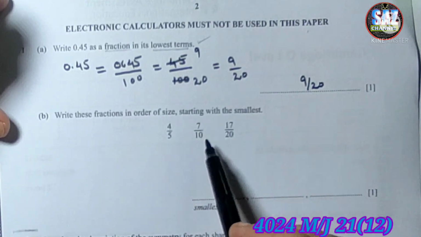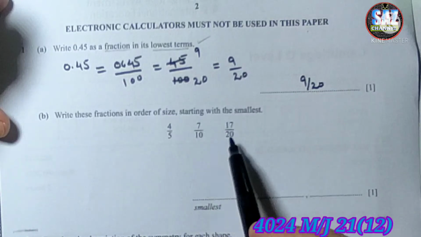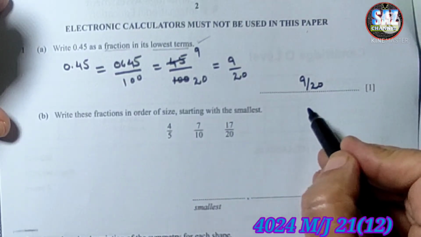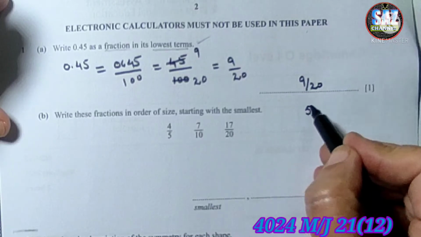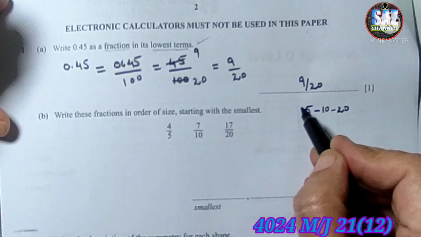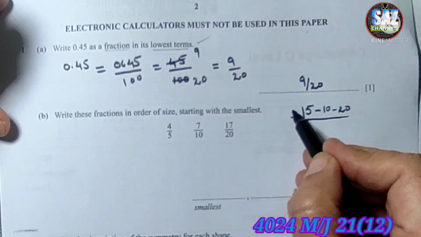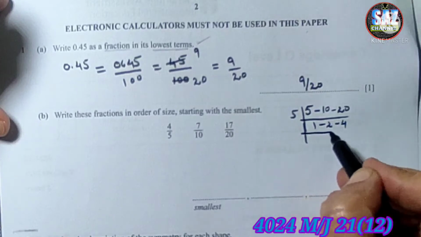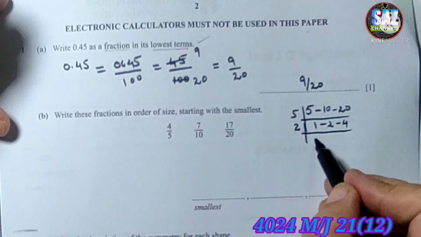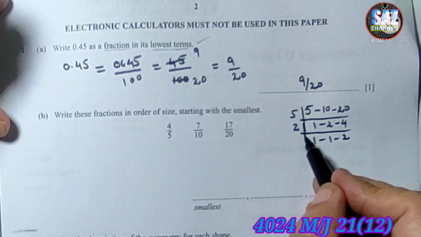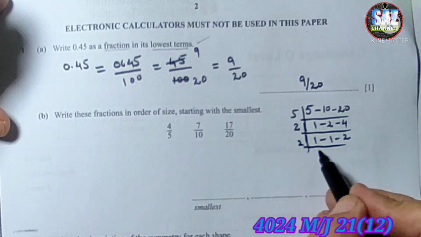We have to think about the denominators, and we have to make the denominator same for all of the fractions which are given, and for that purpose we have to take the LCM, and LCM for 5, 10 and 20 will be 5 ones are, 5 twos are, and 5 fours are. And again, the concepts of D1 has to be really strong to all of my students, so that you can attempt these small questions easily.